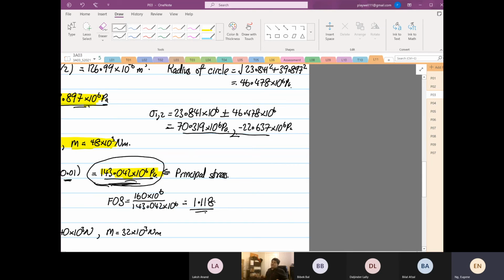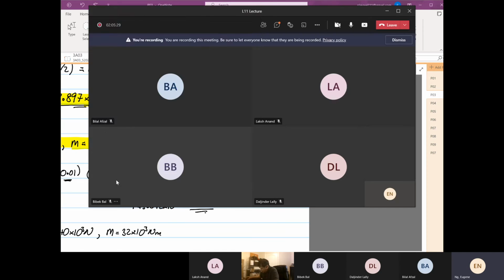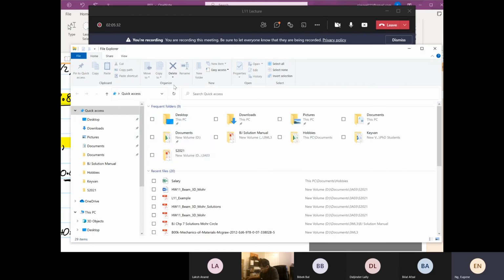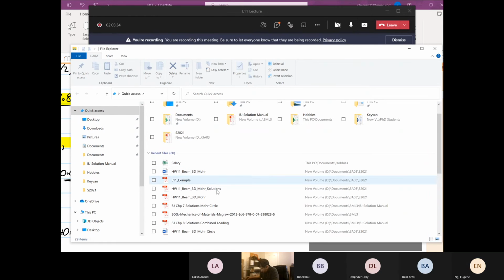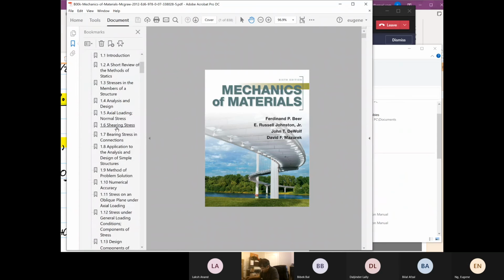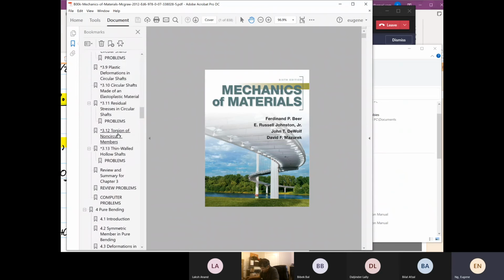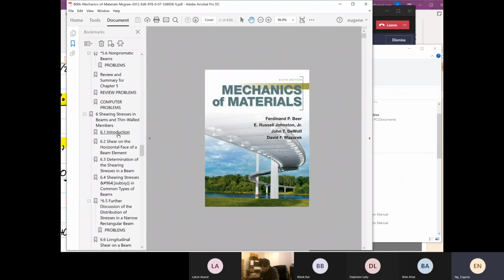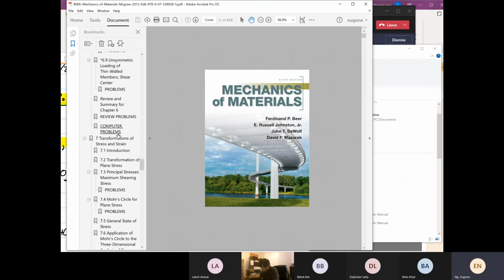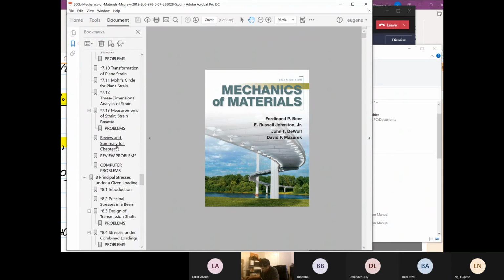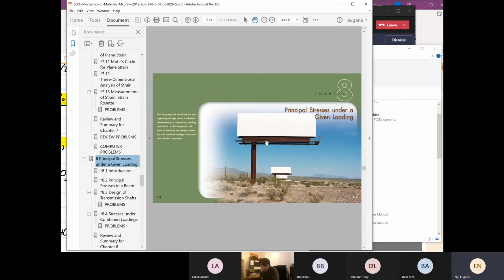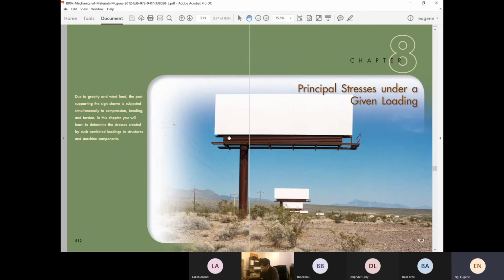If you were to refer back to your textbook, I'm going to go into the textbook and look at chapter 8. What we have been doing is just applying what we have learned: normal stress, shearing stress, and Mohr circle, into chapter 8.